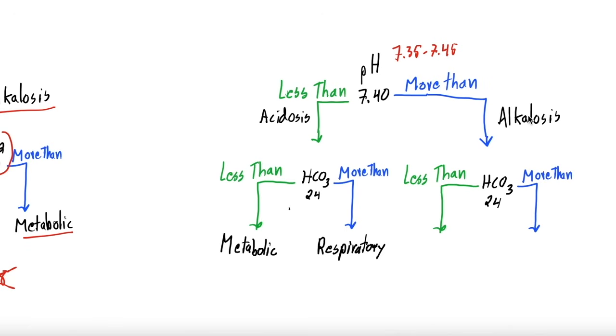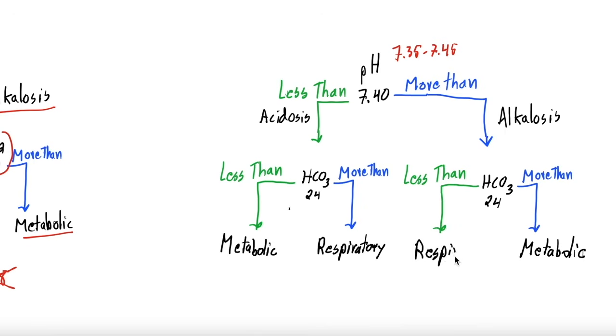Same thing here, so you're alkalotic. If your bicarb is high, bicarb's a base, so if your pH is high or basic and you're alkalotic, it's going to be metabolic in origin. And contrarily, if you have an alkalosis and your bicarb is low, that would mean that you are maybe compensating and it's respiratory in origin.